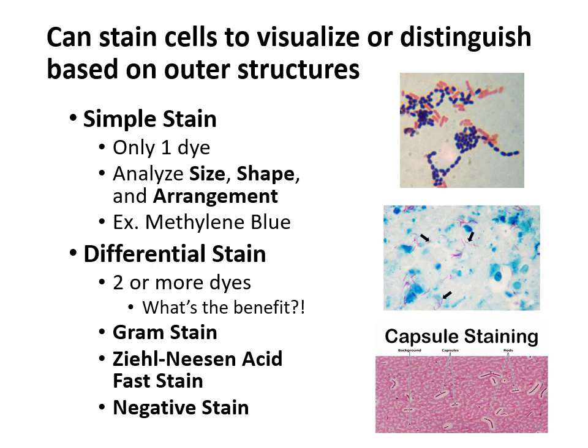The second example of a differential stain here is the Ziehl-Neelsen acid-fast stain. And I want you to put a star next to that and write down TB, as in tuberculosis, and leprosy.